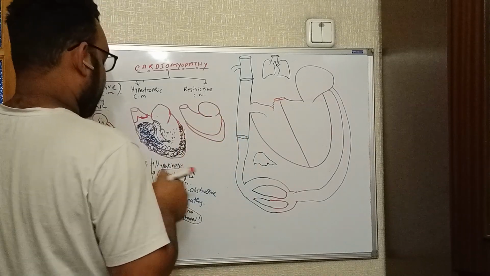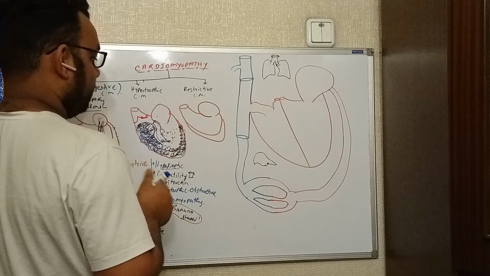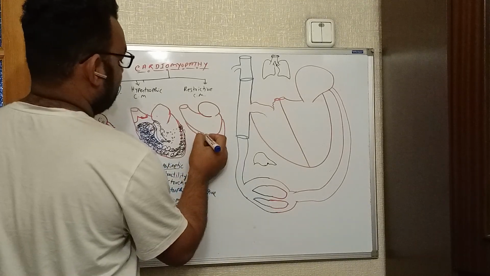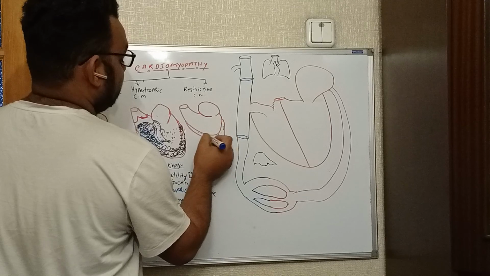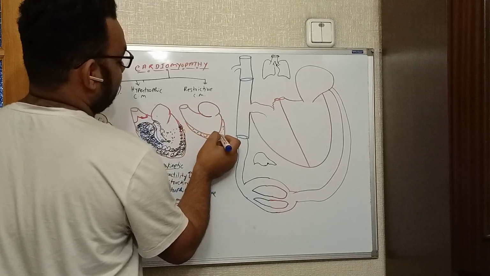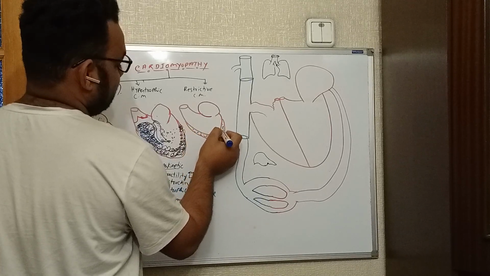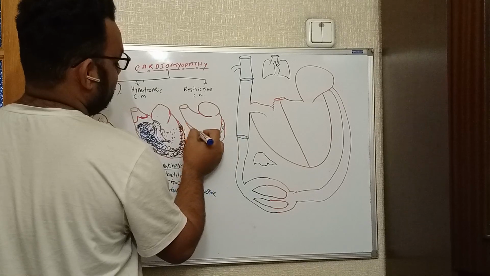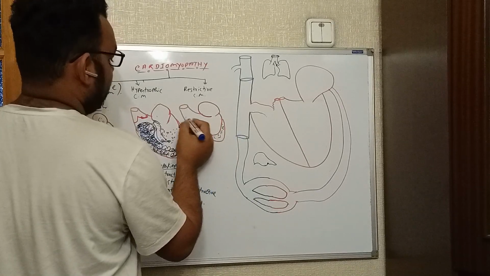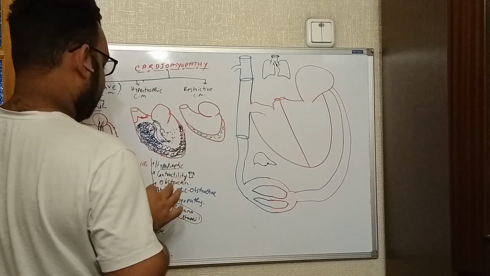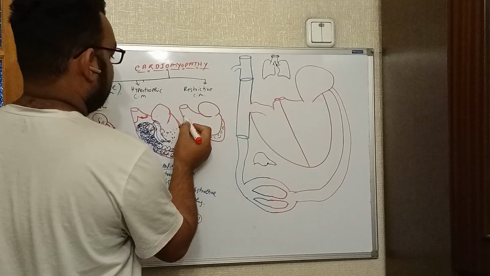But there will be some pathological infiltrations within the myocardium, maybe like amyloids, or some viruses, things like that. So within these regions, actually, let me show you more clearly for this.